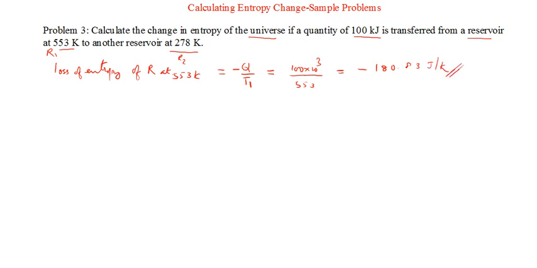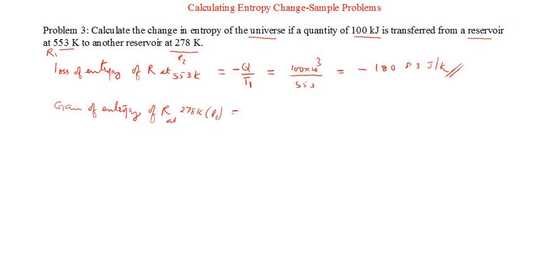Similarly, whatever heat is lost by the high temperature reservoir will be gained by the low temperature reservoir. So there is a gain of entropy of the reservoir at 278 Kelvin, let me call this R2 for the time being.